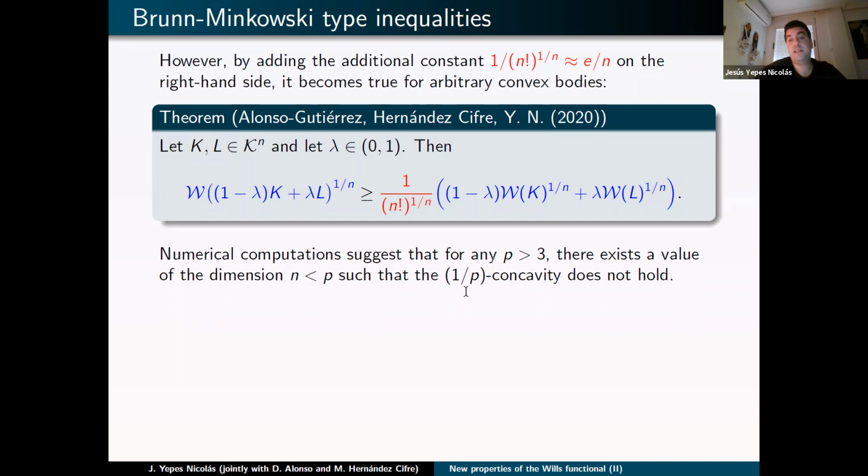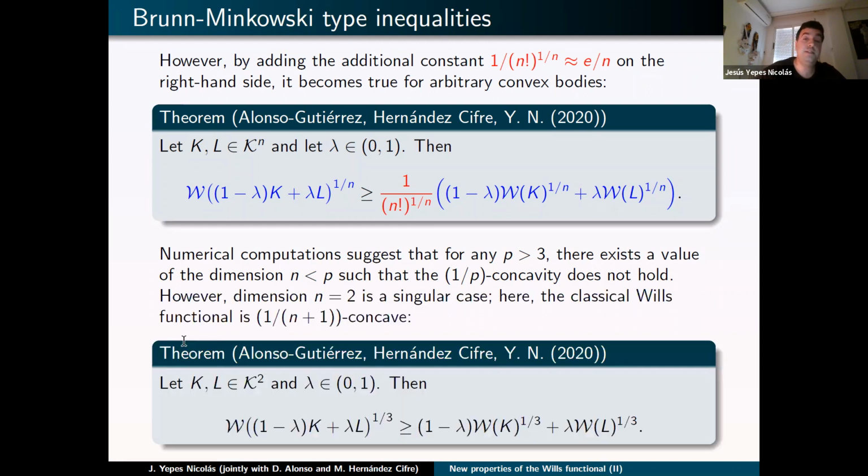I mean, if one expects 1 over p concavity for arbitrary dimension, one fails. At the end, you find a dimension large enough for which the opposite inequality holds for certain pairs of convex bodies. But nevertheless, in some particular dimension, you can still get further concavity properties.